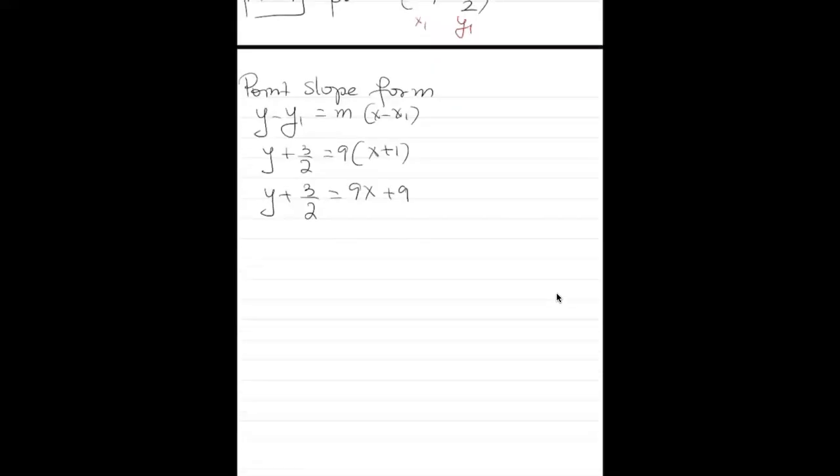We're going to simplify this. Distribute. Subtract 3 over 2: y equals 9x plus 9 minus 3 over 2, which is 9x plus 15 over 2. So this is the equation of the tangent line. And this concludes the video.